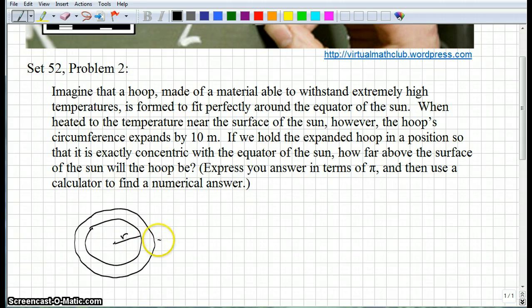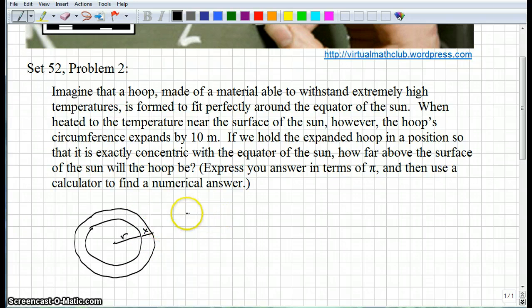And we want to know how far above the sun's surface the hoop is, so we'll just call that x. We don't know the radius of the sun, so we can't figure out what the circumference of the sun is. All we know is that the hoop expands by 10 meters.